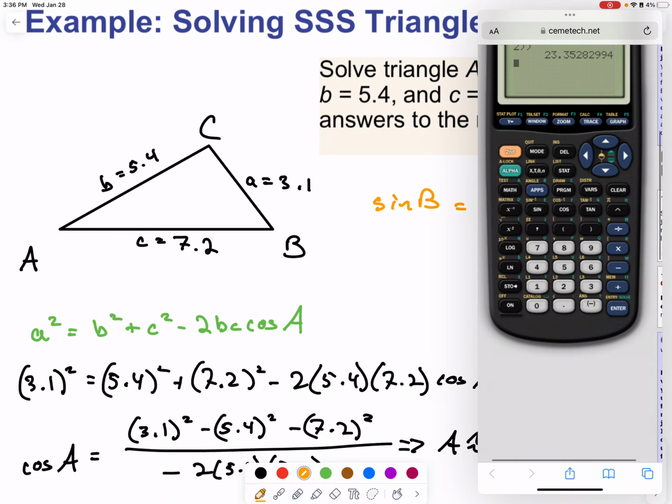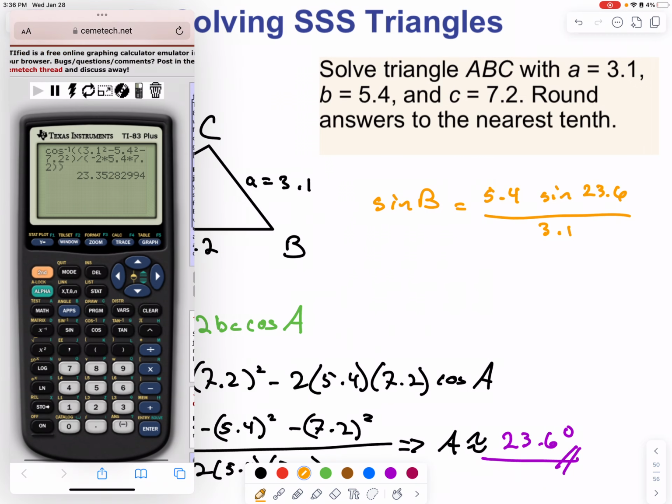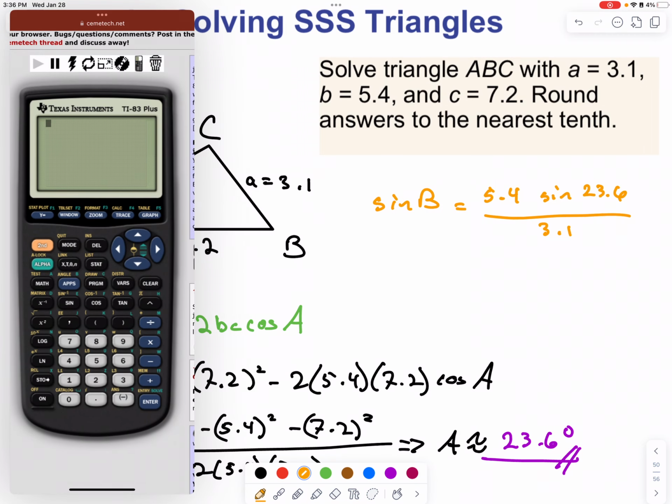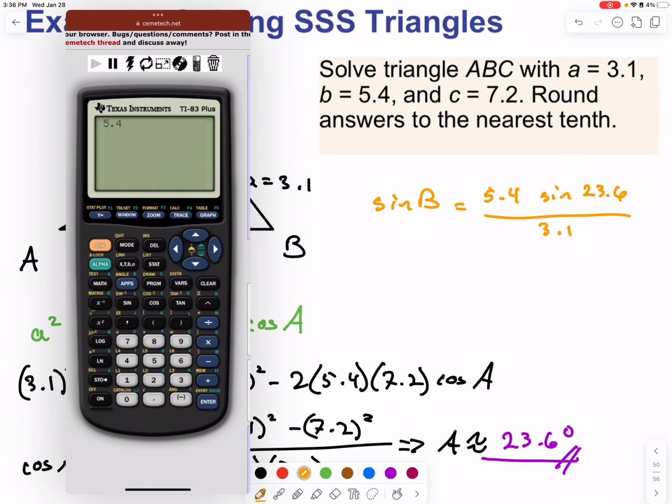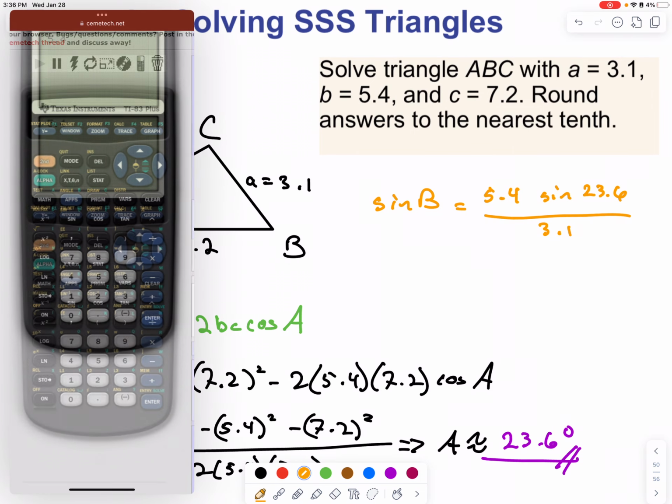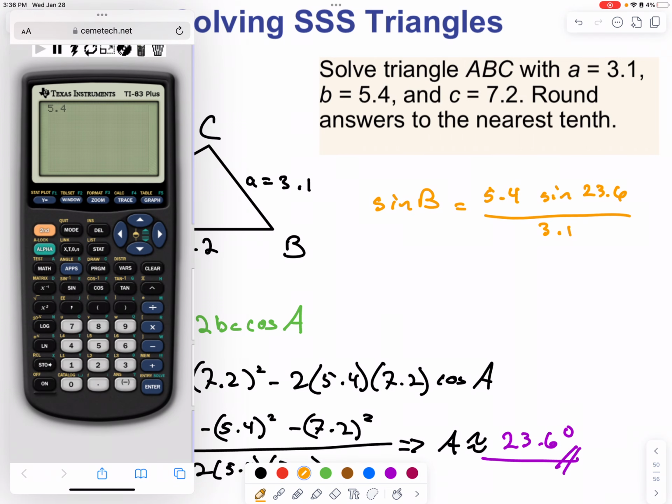Trying to wrap this up, guys. Hopefully we don't get cut off. Where did that 5.4 come from? Okay, I think that's supposed to be a 23.4.